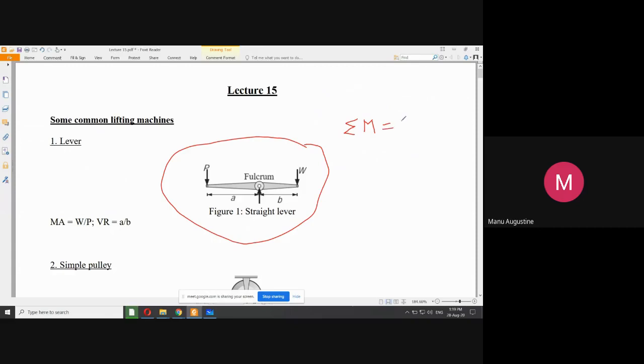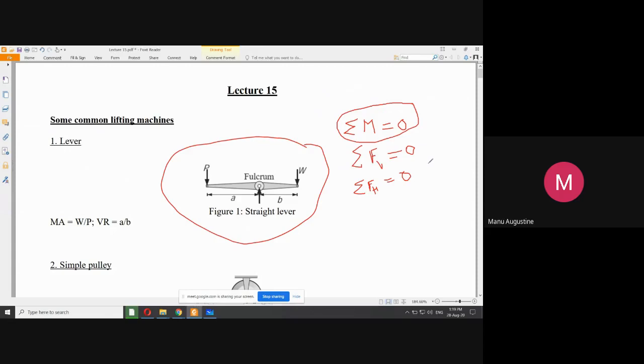The sum of moments for all forces will be zero. The sum of forces in any particular direction, whether vertical or horizontal, will be zero. These are the conditions of equilibrium. But in our case, we will be making use of this one equation, and that would be sufficient for us.